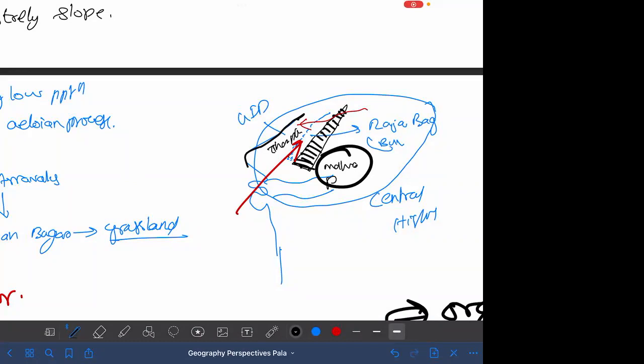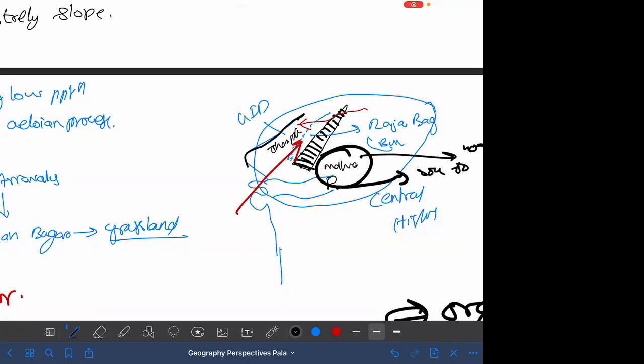It has an average elevation of about 600 meters in the south, so obviously it would be loftier in the south, and about 400 meters in the north. That's why the rivers are flowing in a northward direction.